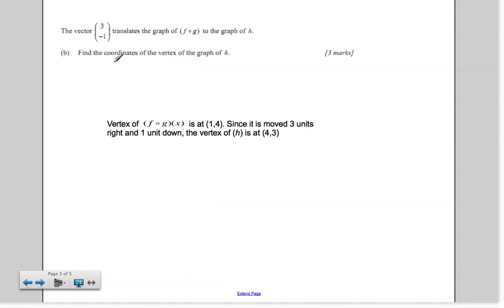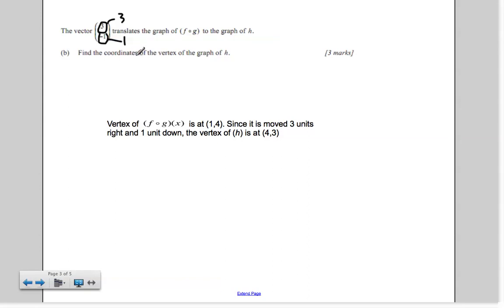So the next question tells us that the vector of 3, minus 1 translates the graph of f of g to the graph of h. What this means is that the graph is moved 3 units to the right and 1 unit down.